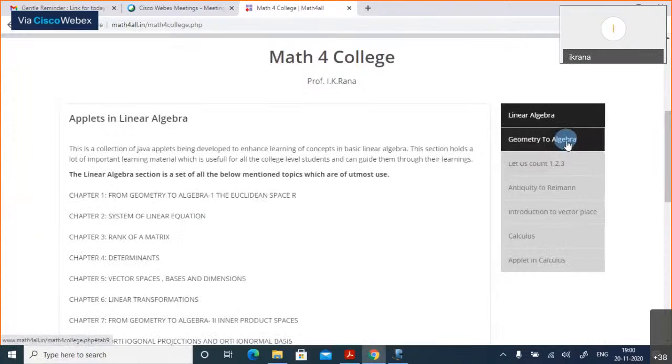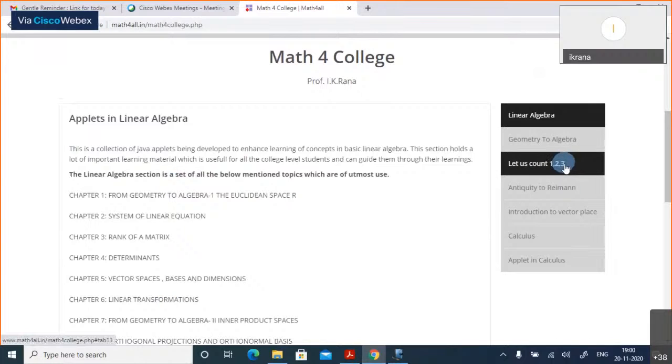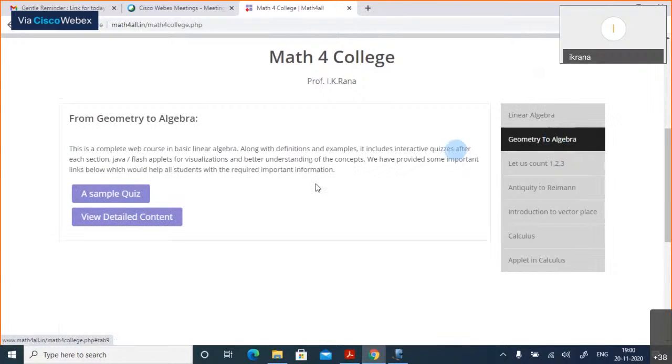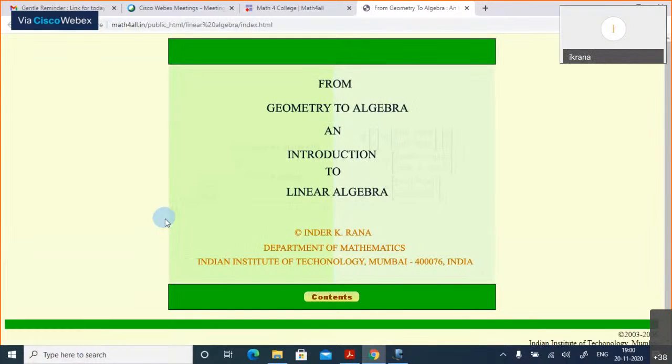There is something called Geometry to Algebra, detailed content. All that I am going to describe is more or less in that book. This is a soft version of that book.